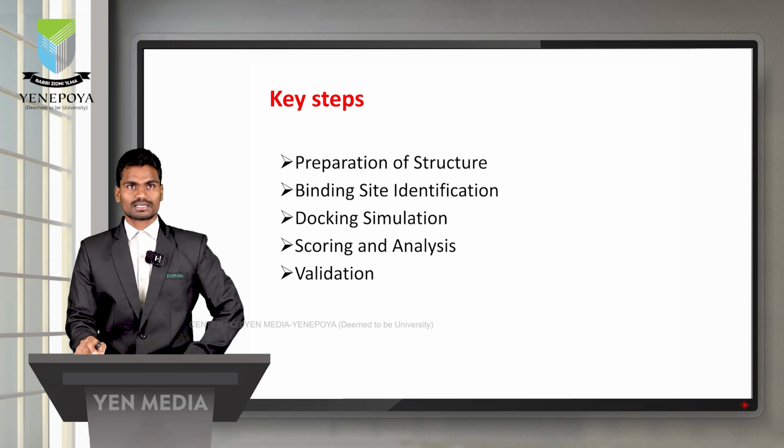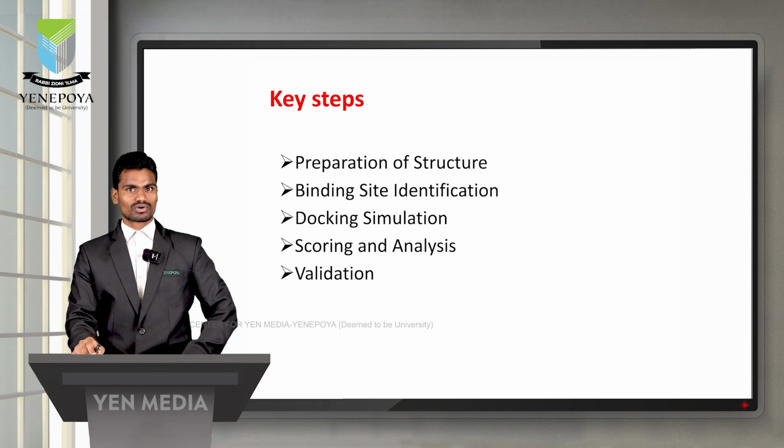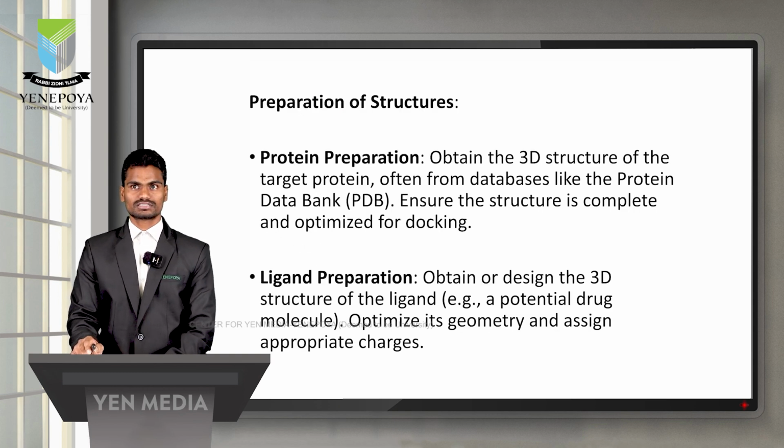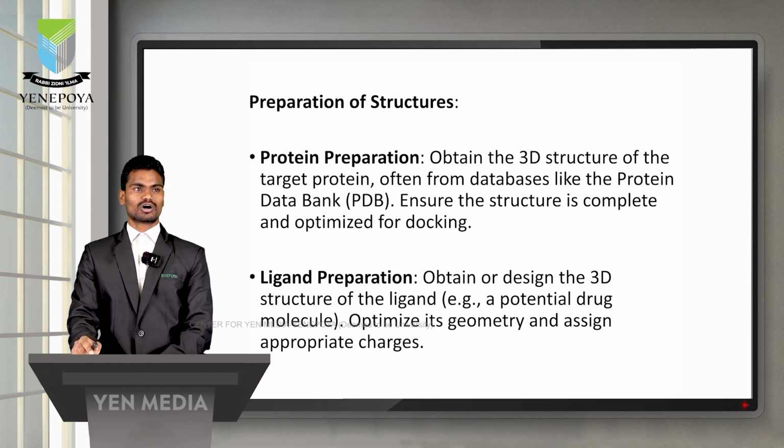So these are the key steps involved in any molecular docking. The first one is preparation of the structure of a protein and binding site identification, then docking simulation, scoring and analysis, and finally validation. Preparation of structure involves obtaining the 3D structure of the target protein, often from databases like the Protein Data Bank, and ensuring the structure is complete and optimized for docking.